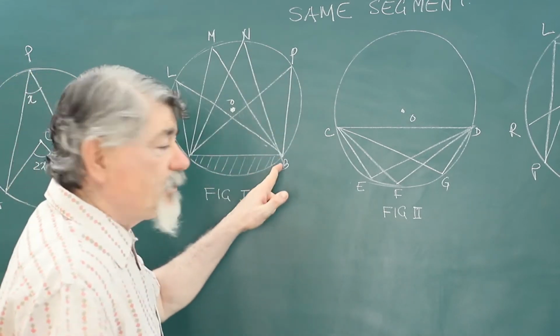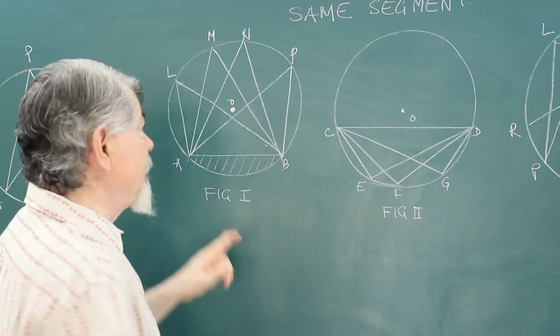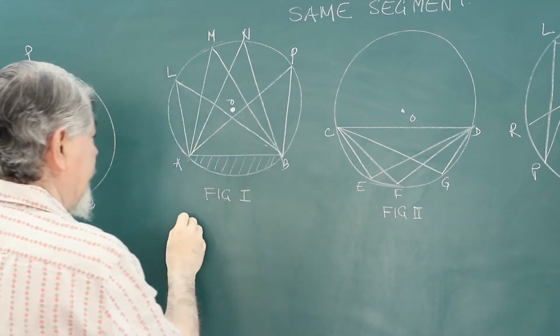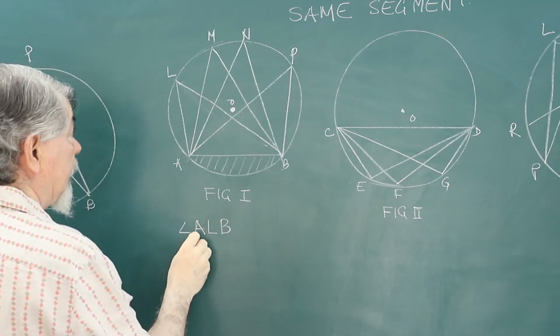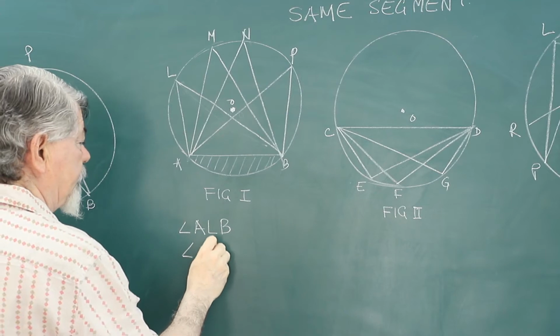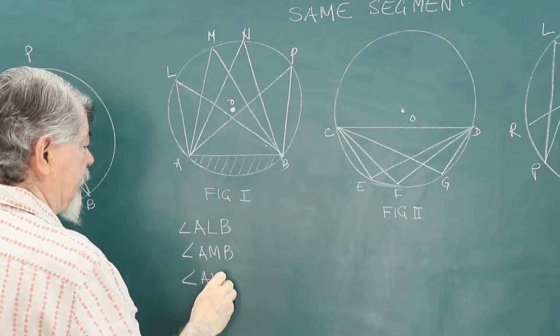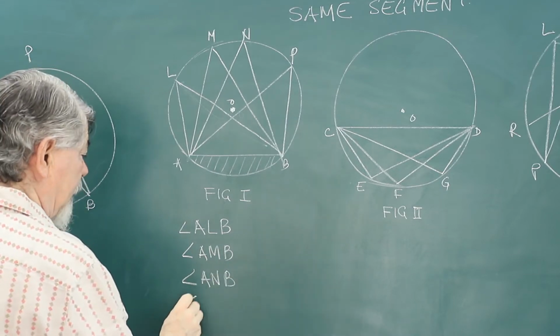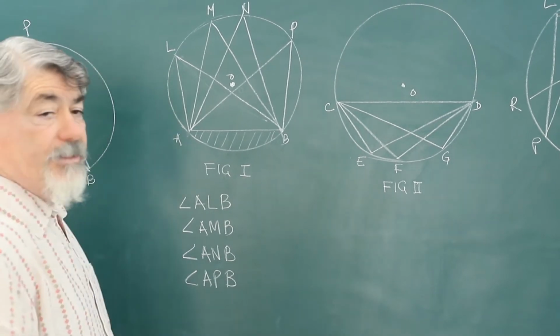So the base AB has to be the same, and then we can say that angle ALB, angle AMB, angle ANB or angle APB are angles in the same segment.